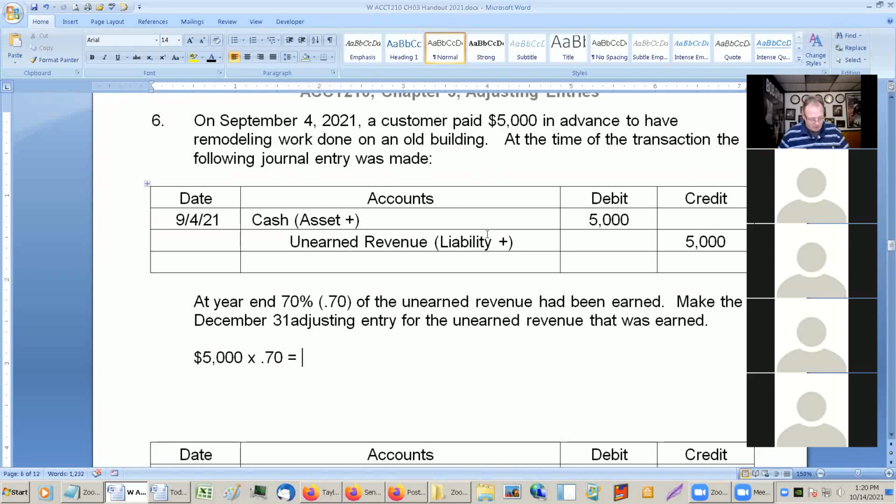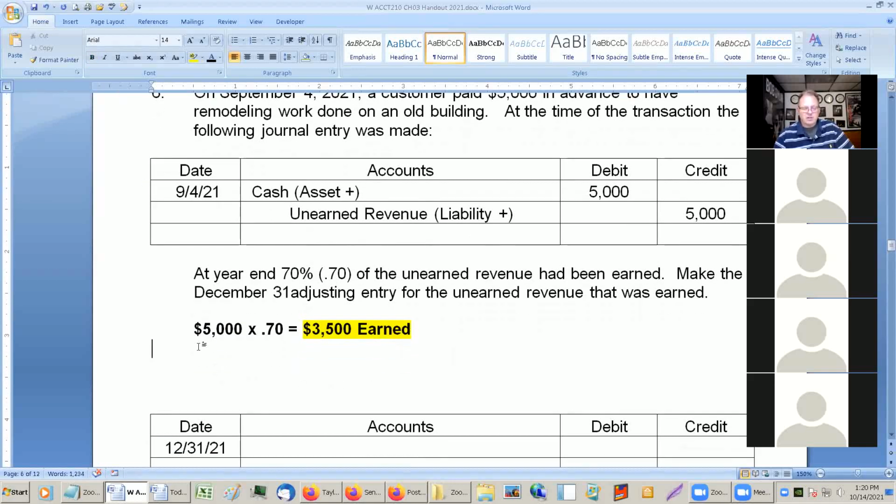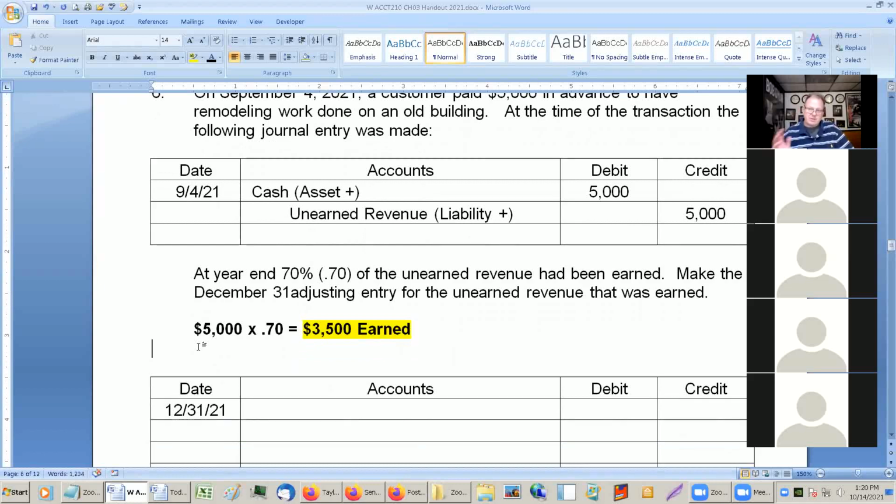Okay, so 3,500 of it had been earned. And so that's going to be in our journal entry. Now there is still going to be some that is unearned, but we're going to go with 3,500.